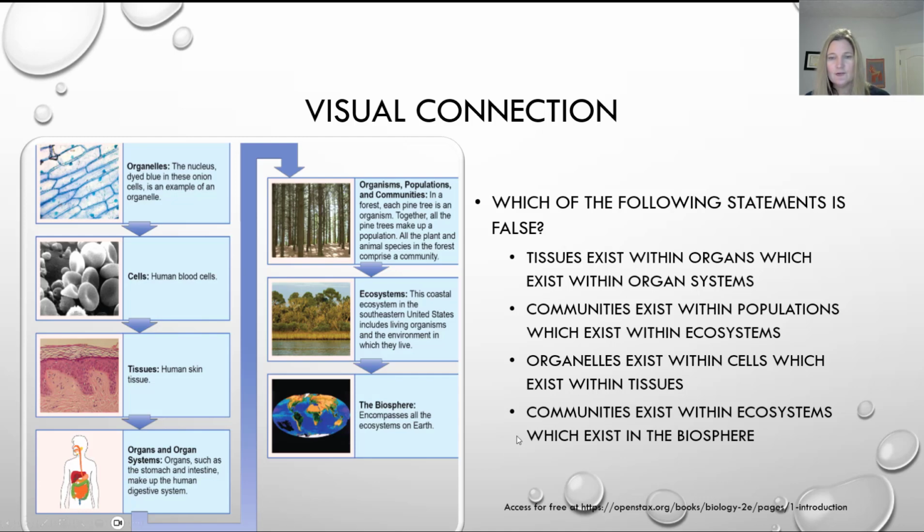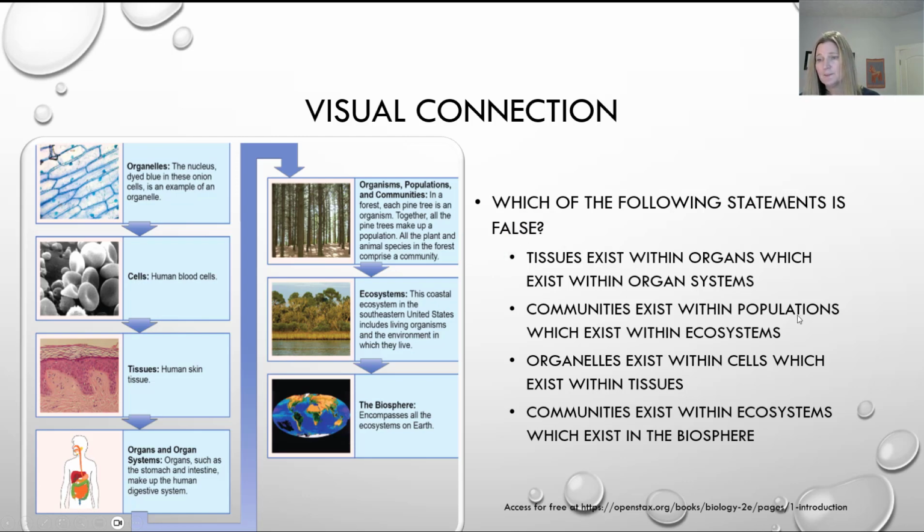So they're saying that tissues exist within organs and organs exist within organ systems. Is that true or false? Yeah, that's true. Okay, so tissues like human skin tissue can be found within an organ, and then that organ can be found within an organ system. So this statement is true.